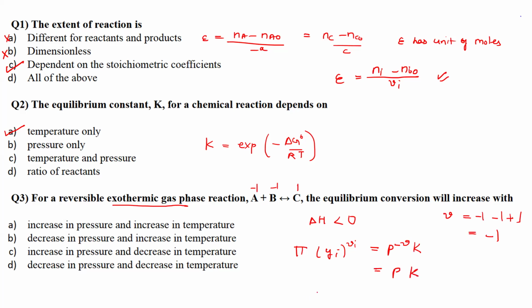So what will happen if I increase pressure for this equation? The Y will also increase, right? And in that, this K can be written as exponential of minus delta G naught by RT.